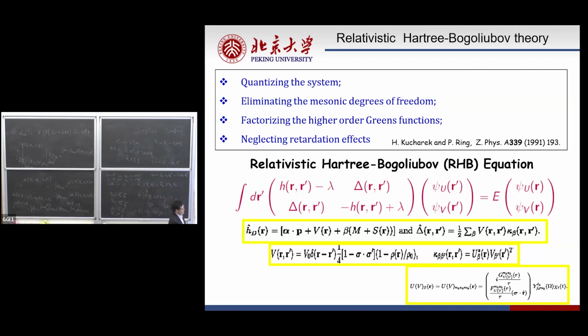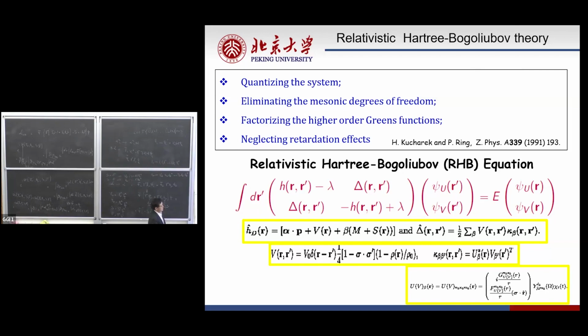For the pairing interaction, normally we can use, for example, the relativistic interaction, but you will find that in the traditional relativistic density functional, the Fock term has been neglected, so the interaction is too strong. So one could adopt, for example, the Skyrme-type zero range pairing interactions.